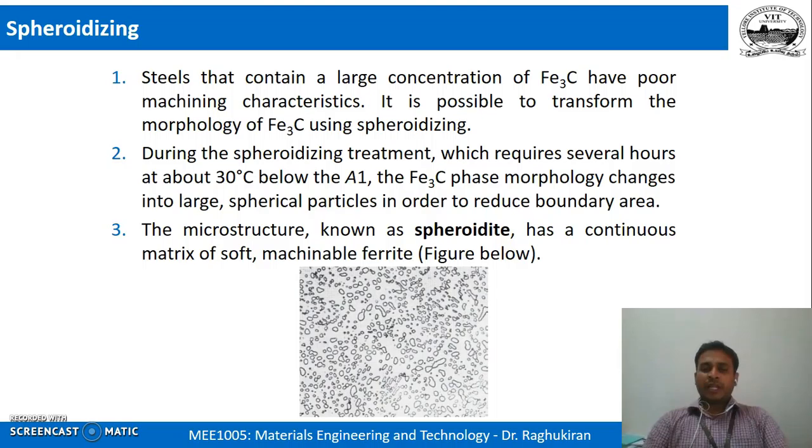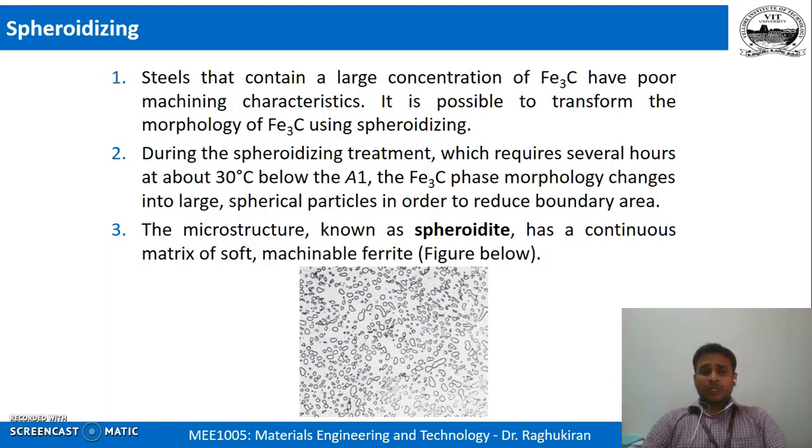I have been telling you several times that this carbide is a highly hard material and brittle in nature, so very difficult to machine. Any carbides, since the hardness is high, are difficult to machine.